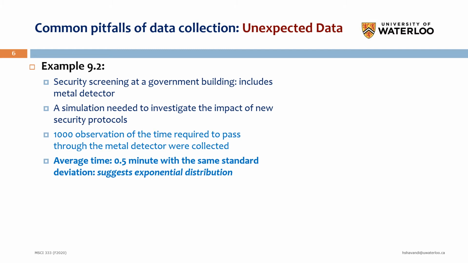Based on those 1,000 observations, the average time is 0.5 minutes, or let's say 30 seconds, with the same standard deviation. Since the mean is the same as the standard deviation, it suggests the exponential distribution is a good fit, I mean a good distribution for this data set.